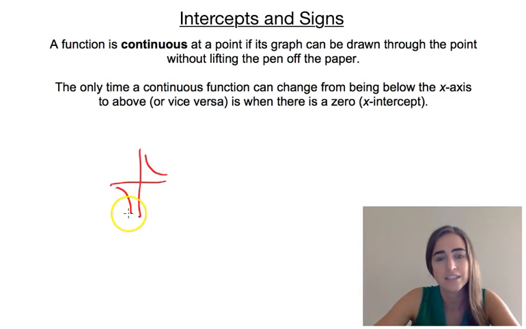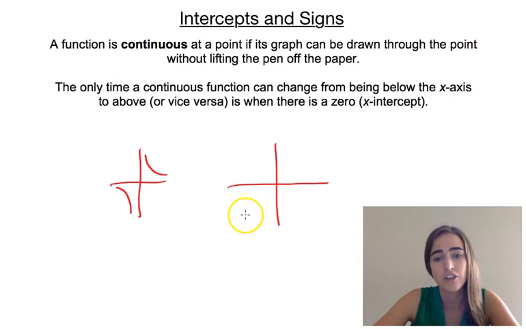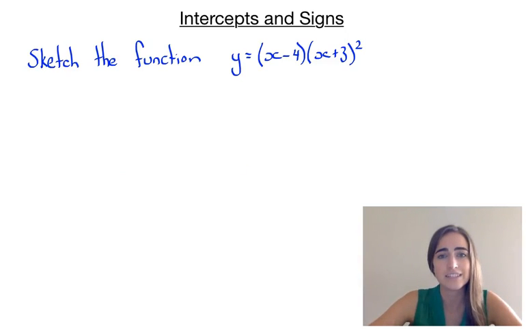So it's discontinuous. The only time a continuous function can change from being below the axis to above the axis is when it crosses the x-axis, or when it has a 0 or an x-intercept. So the only way, if it's continuous, that we can get from down here to up here is if somehow we cross that axis. So we're going to use that knowledge to solve this example.